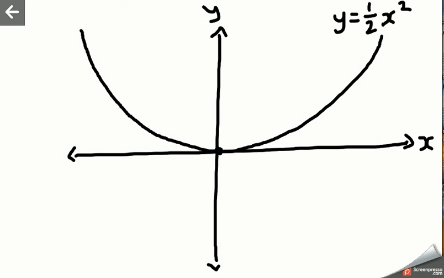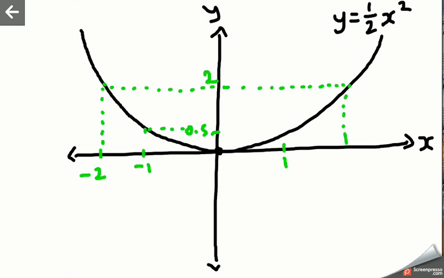Suppose this is x equals 1, then this must be 0.5. And this is x equals negative 1, x equals negative 2, then y is going to equal 2. And that's the same as when x equals positive 2. Okay, that's all well and good.